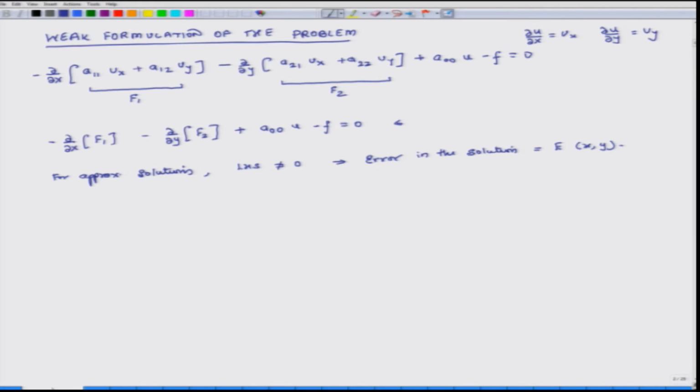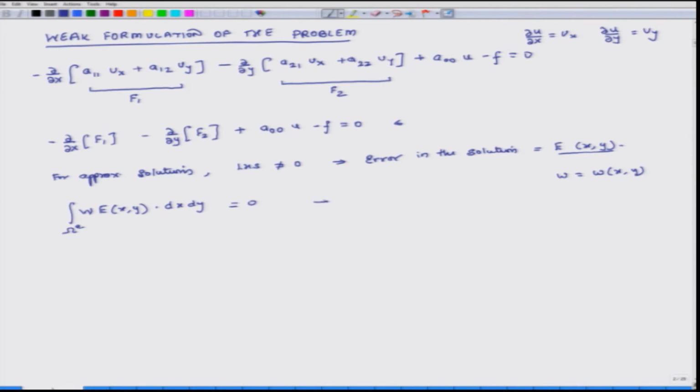So, when we are doing finite element analysis, we realize that there is a point to point error in the system, but what we want is this: if I multiply this error with a weight function w, which is also a function of x and y, and then integrate it over each element, its error may not be 0 on a point to point basis, but the product of the error and the weight function, when integrated over the area of the element, should be equal to 0.